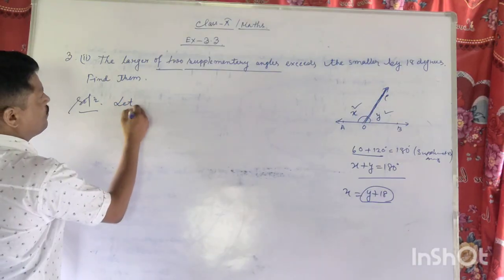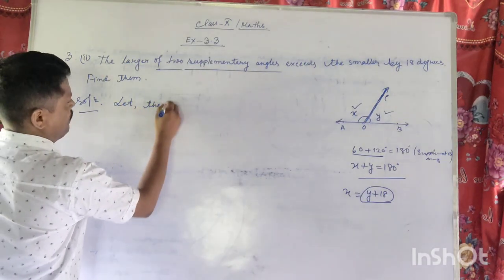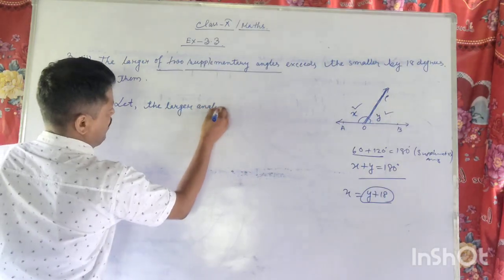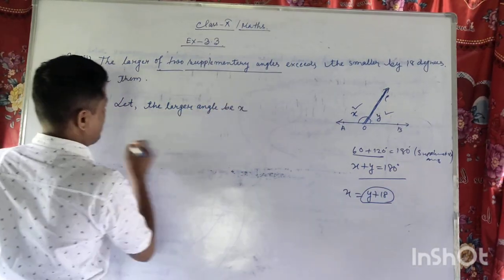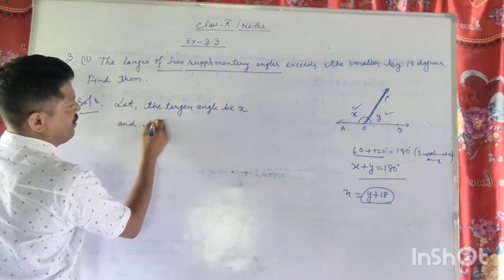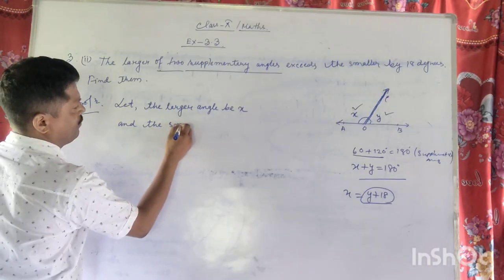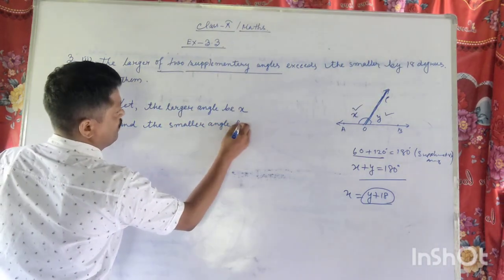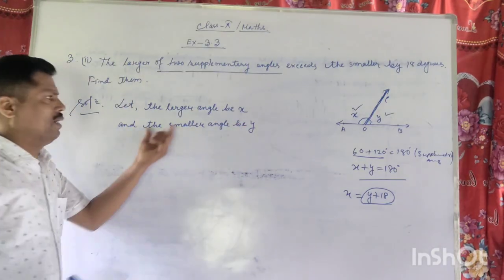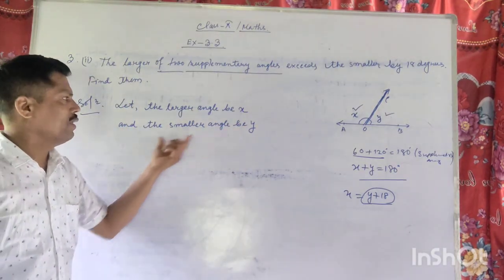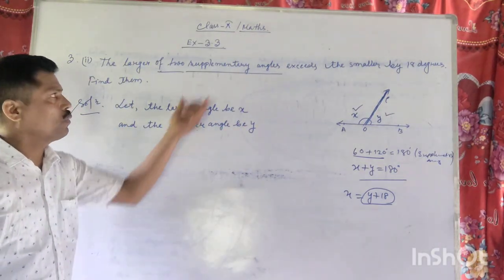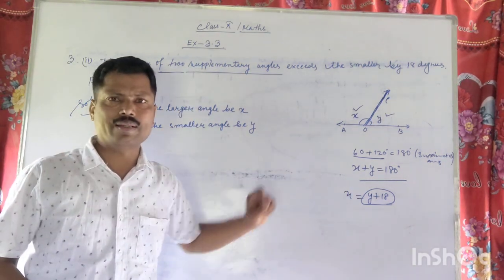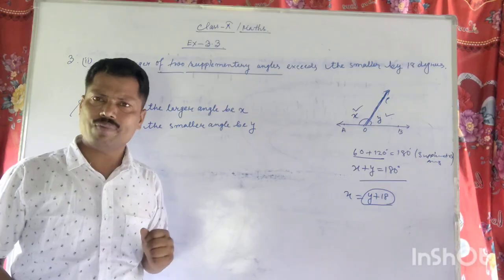Let the larger angle be X and the smaller angle be Y. From this condition we can write X plus Y is equal to 180 degrees, because these two angles are supplementary.